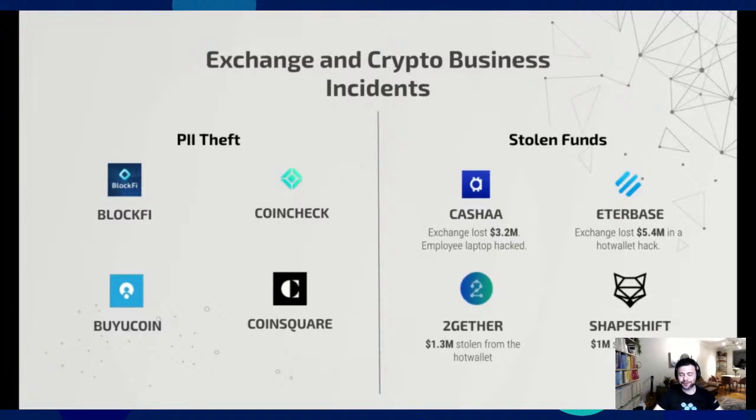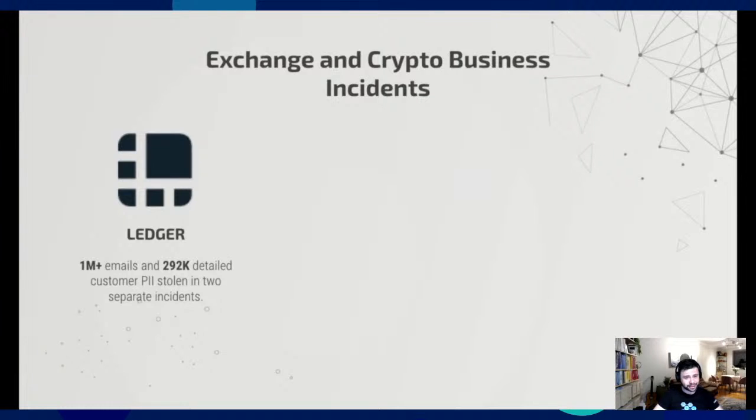So the year was going pretty well. The exchange security looked pretty well until we had a few big ones. So one crypto business, Ledger, reported around mid-year that they had a compromise. They didn't fully say how big it was, how bad it was. Only later we found out that more than a million emails and 292,000 detailed customer pieces of data were stolen across two separate incidents.